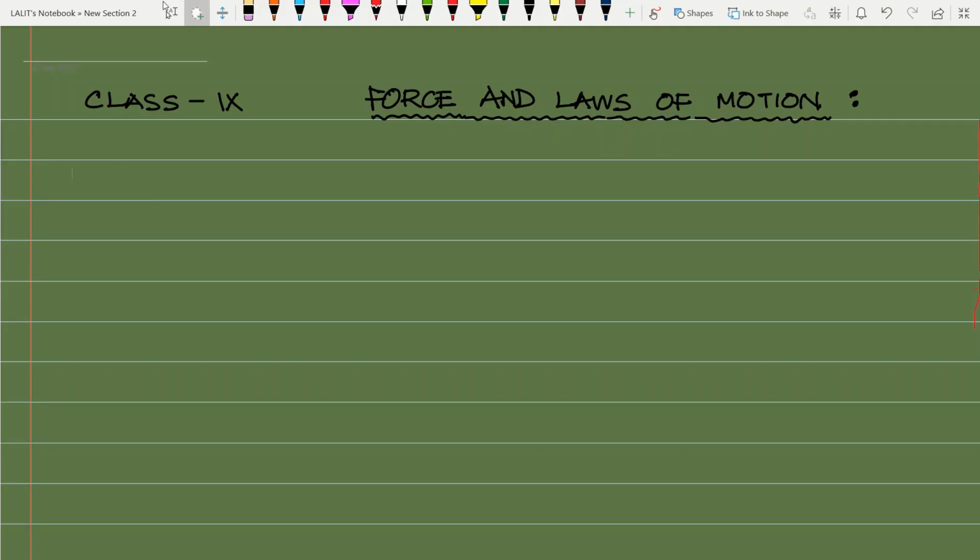Already we have studied about motion, so let us first have a small quick revision of what we have learned. We talked about motion, then we talked about various terms related to motion, such as displacement.